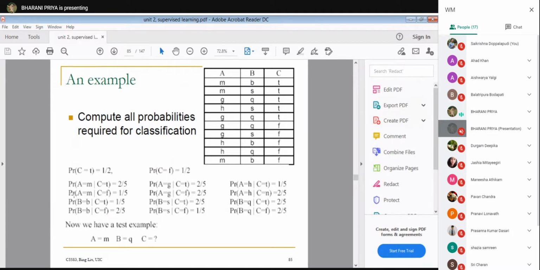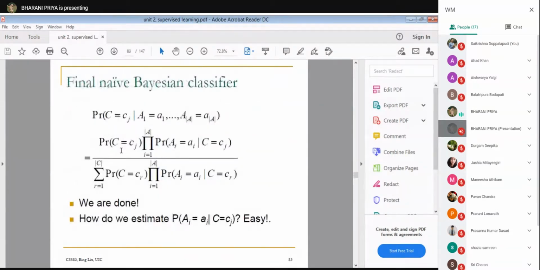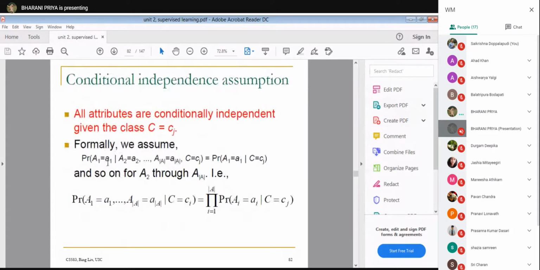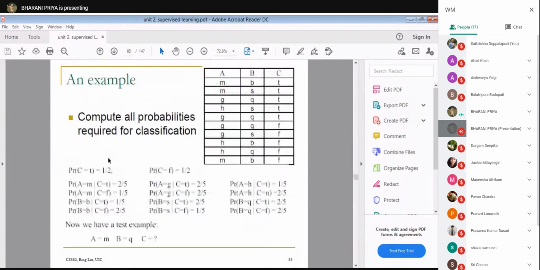Now we are going to find the probability for each individual value.